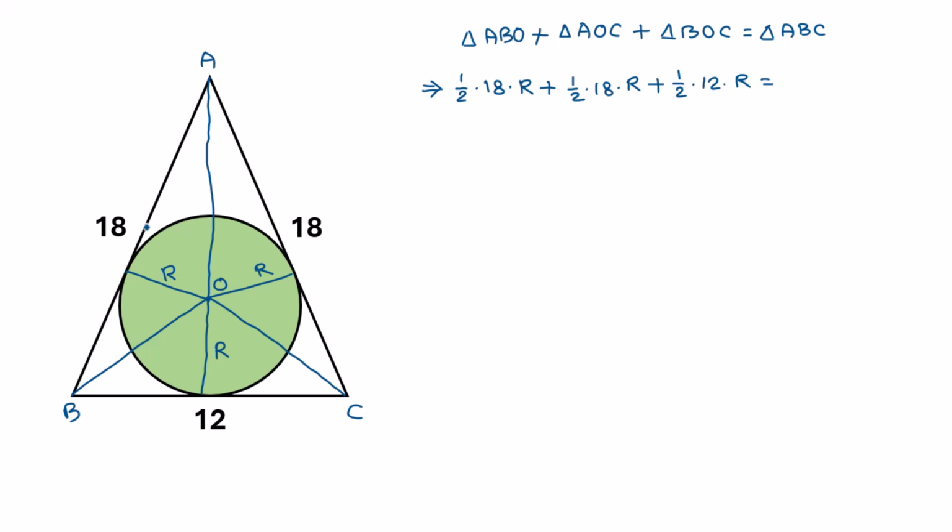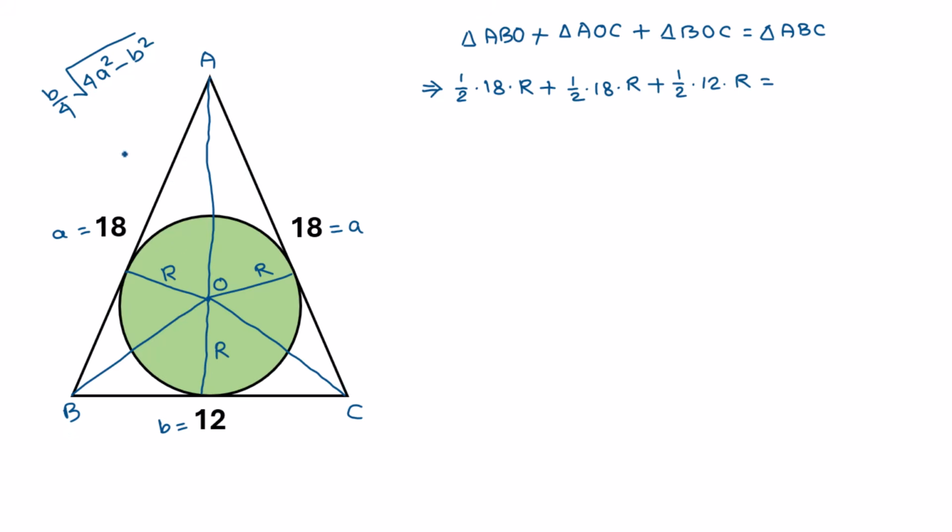As these two side lengths of this triangle are equal, consider the base as b and this length as a. So the area of this triangle is b by 4 times the square root of 4a square minus b square. This is the formula for finding the area of triangle ABC.